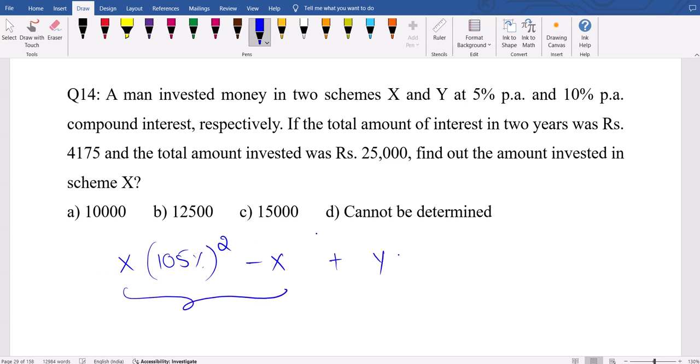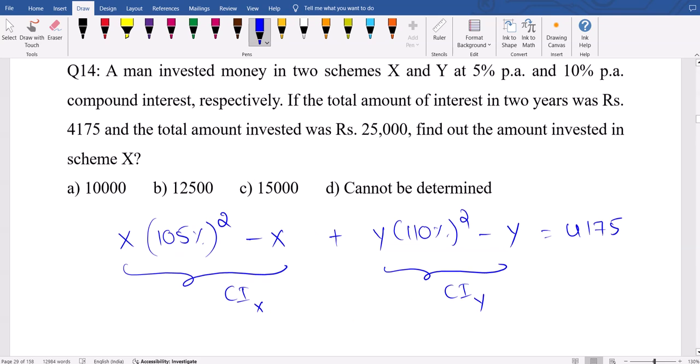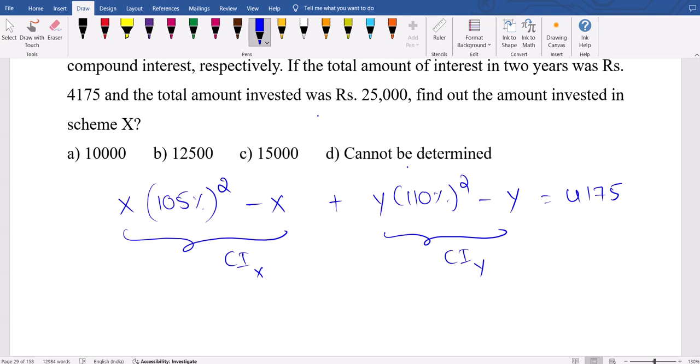Second one, Y into 110% whole square minus Y will give the second one. The amount is 4,175, total compound interest generated due to scheme X and scheme Y together. Now the total amount invested is 25,000, given. So X plus Y is 25,000.